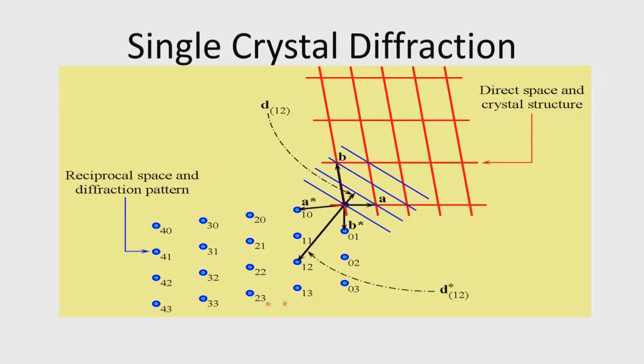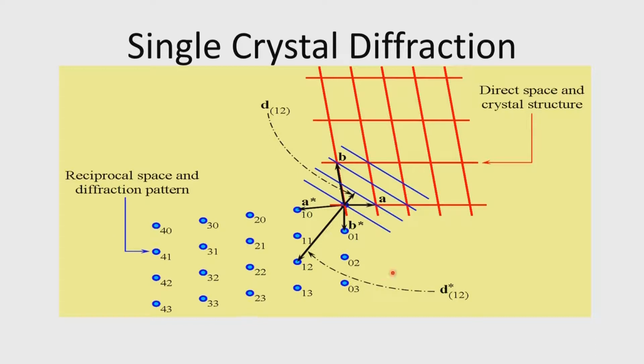If you sit down and study this diagram a little carefully, you will definitely see the 1 to 1 relationship between the direct space and the reciprocal space, and that 1 to 1 relationship will therefore tell us that if the red one is a lattice, then the collection of all these blue dots should also be a lattice, and this we call the direct lattice. This now becomes the so-called reciprocal lattice.